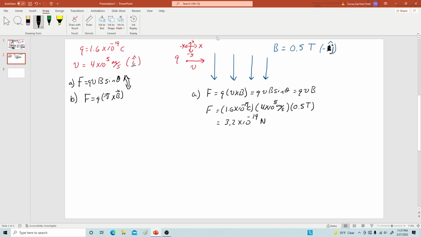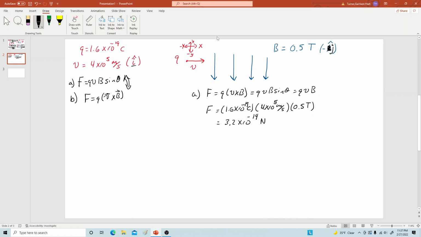Now, we can ask, gosh, that doesn't seem like a really large force. But remember that the force is acting on a proton, and a proton's mass is 1.67 times 10 to the negative 27.